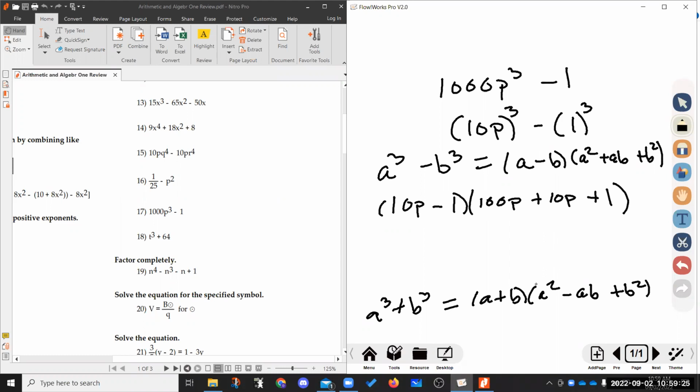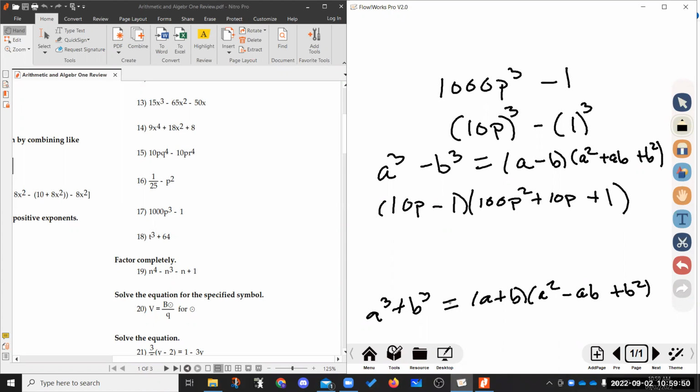Check all your exponents, make sure that that's right. First set of parentheses is 10p minus 1. Second set of parentheses is 100p squared plus 10p plus 1. And that second set of parentheses should not factor anymore.